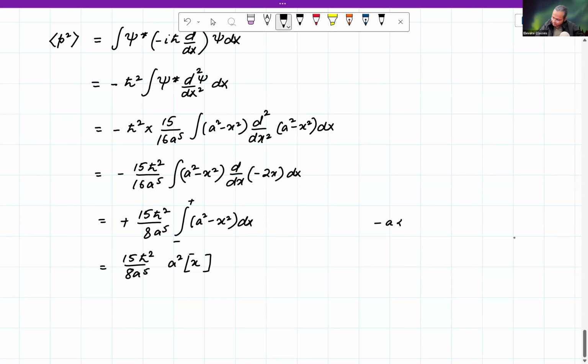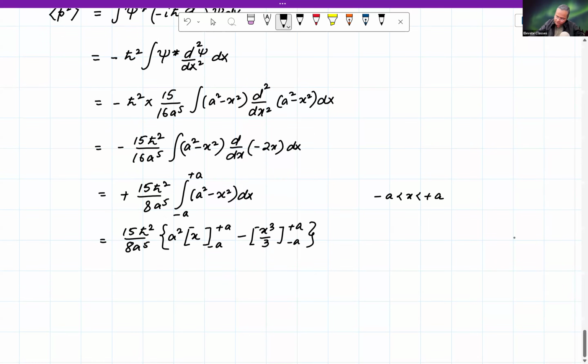So valid for minus a to plus a, so minus a to plus a, minus a to plus a, and minus you have x cubed by 3, minus a to plus a.